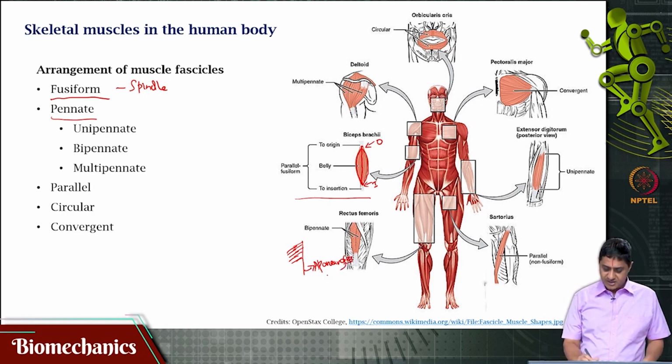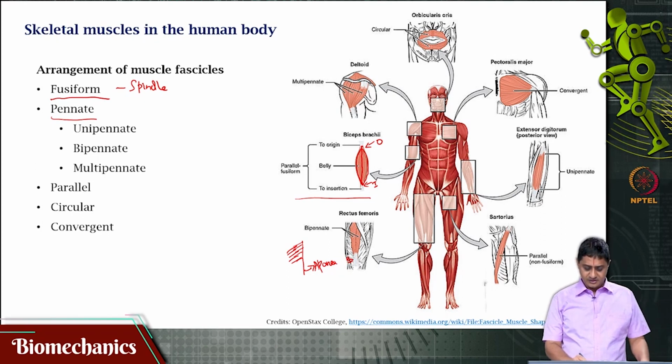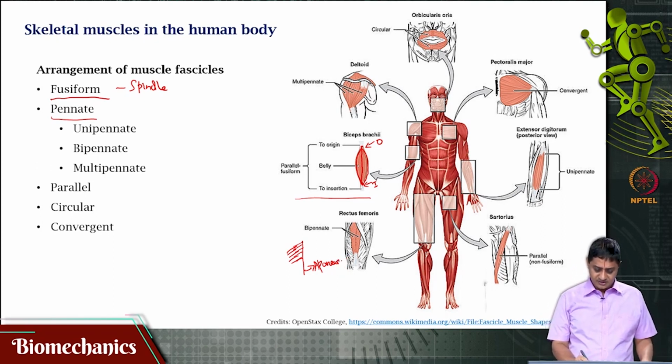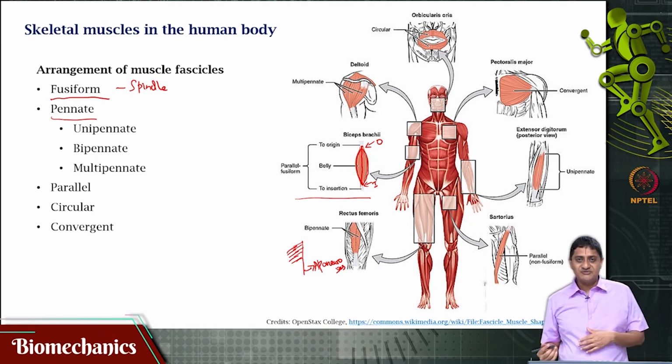In future classes, I may use this quite frequently. I may say that this is aponeurosis, this is aponeurosis. Aponeurosis is the attachment to which the parallel fibers in the pennate muscle attach, which then transmits this force to the actual external tendon which attaches to the bone.